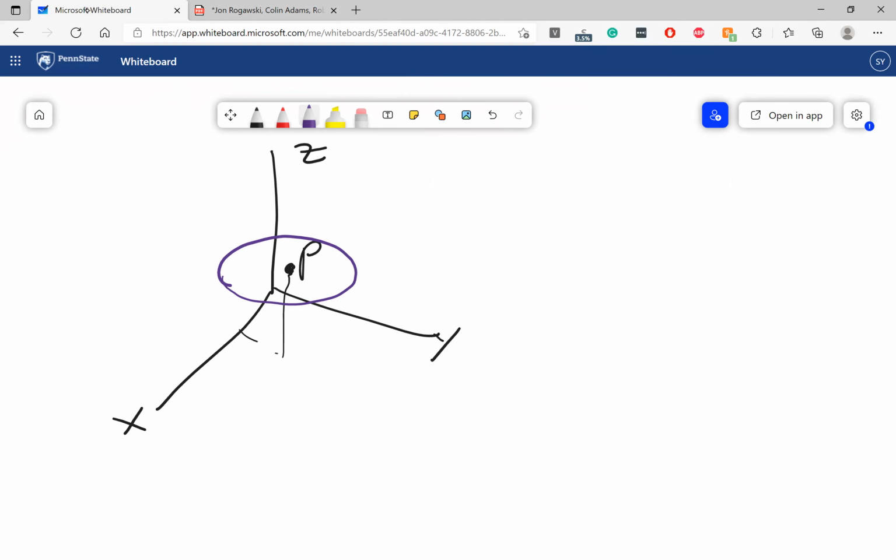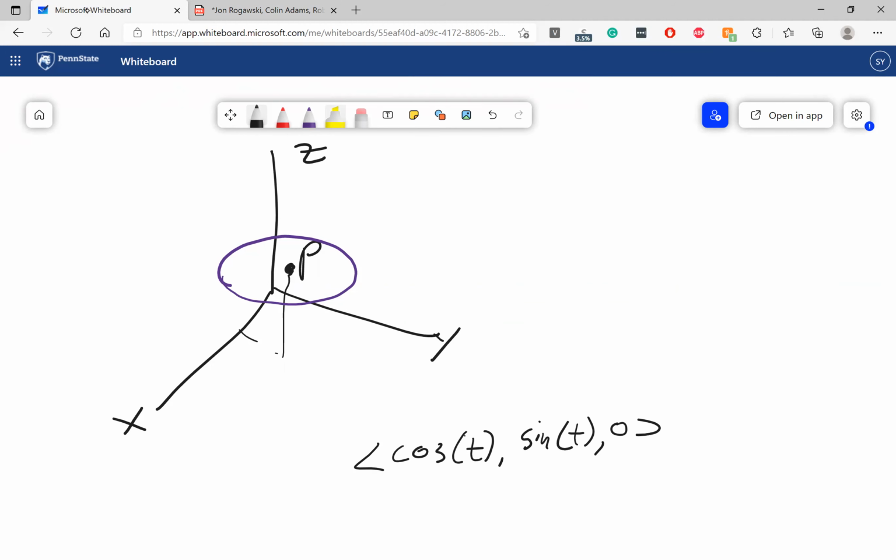So the first thing we can try to do is just find this circle. Because we want it in the XY plane, it should have the form cosine of t, sine of t, and in the z direction 0. So this is a circle just in the XY plane.